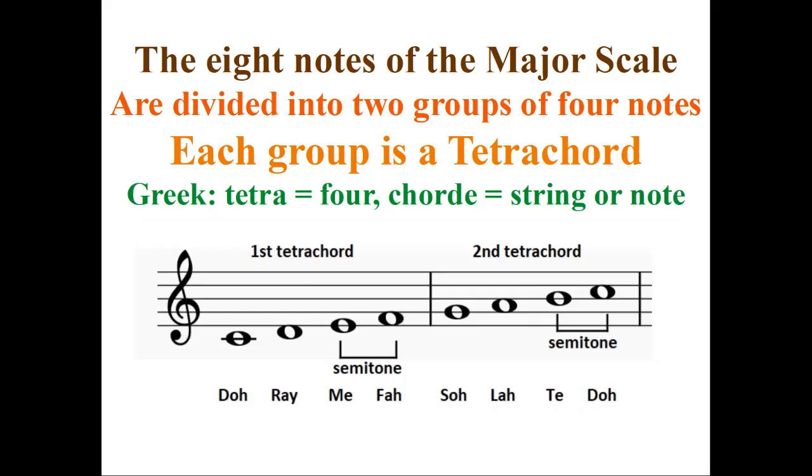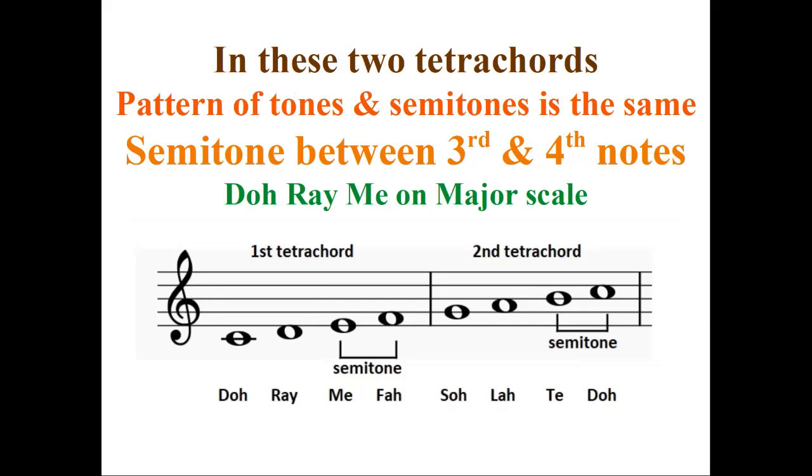The semitone is always between the 3rd and the 4th notes in a tetrachord. So it's tone, tone, semitone, and the second tetrachord exactly the same, tone, tone, semitone. In these 2 tetrachords, the patterns of tones and semitones will always be the same if it is a major scale.